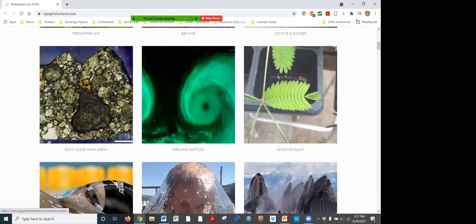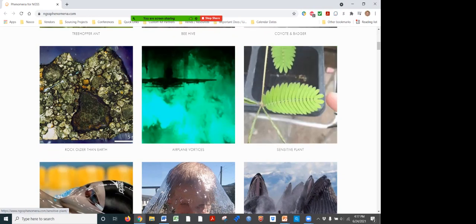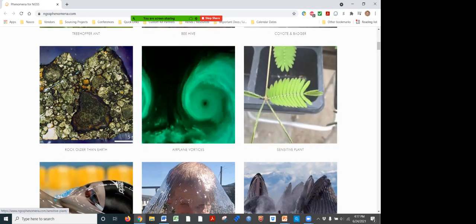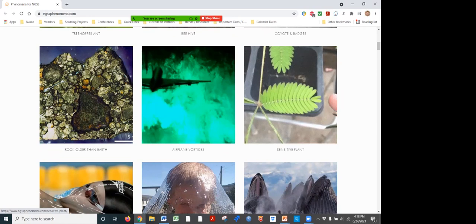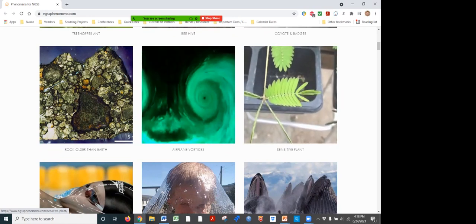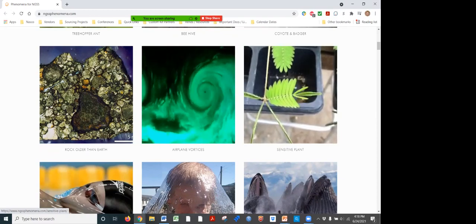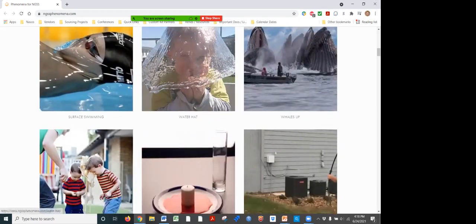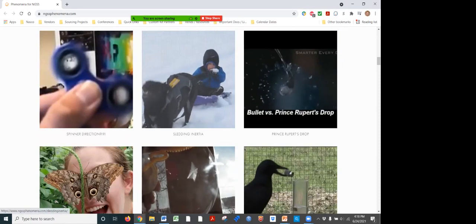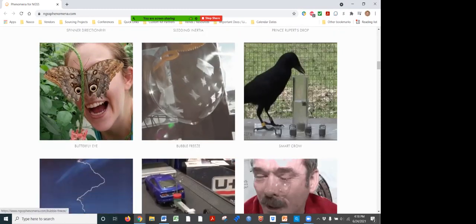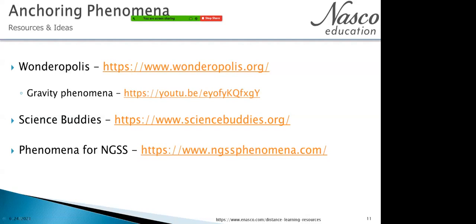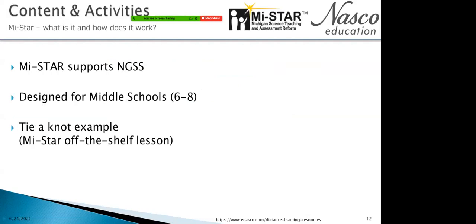This isn't like a carnivorous plant where it encloses on the insects, is it? So the Venus flytrap might be another variation that talks about things that are sensitive. There's just a lot of good things out there that allow you to interact and use for your classroom. So I just wanted to share those different resources with you.